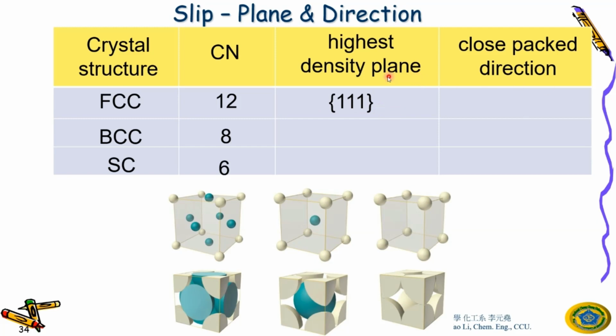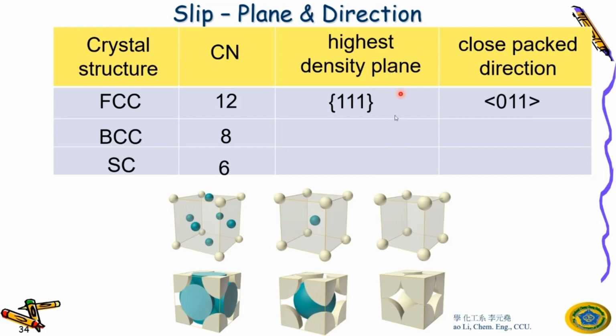And this is the highest density close-packed plane. And then you have the close-packed direction. What is the close-packed direction? I just told you. Okay, so this is 110. How about BCC? For BCC, which one is the highest density plane?